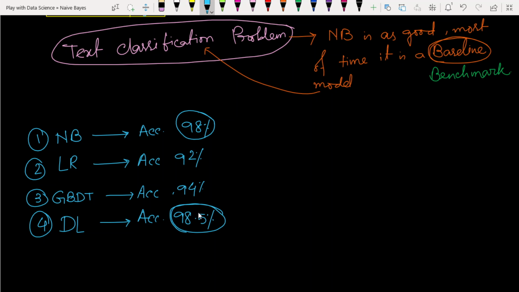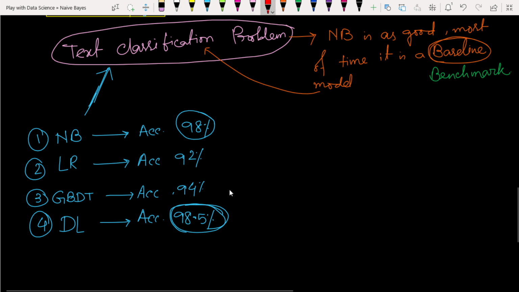So what is the highest value here? 98.5%. So according to accuracy, the deep learning model will be the benchmark for this problem in text classification.